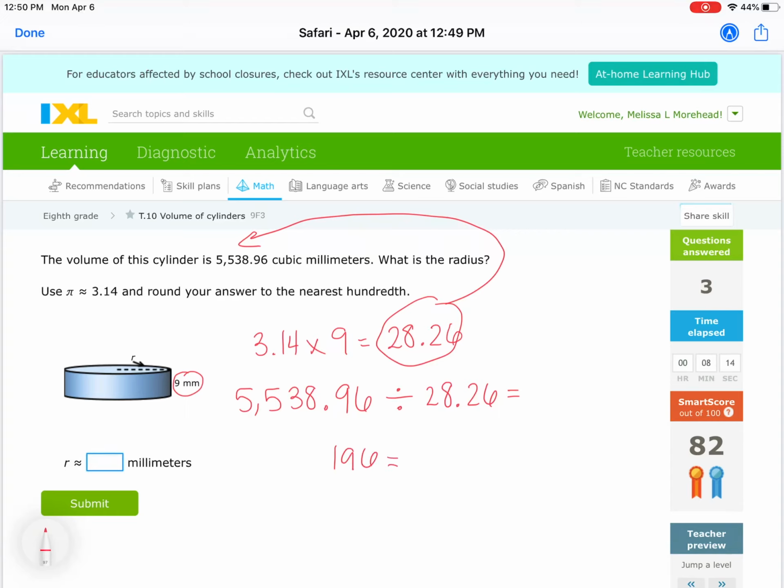But I'm not finished, because that's giving me the number if I were to go all the way across. I need to find out what that number is squared. So in your calculator, or if you already know, then you're just going to type in your 196, and then you're going to find the square root of that, which you should already know because that was one of the ones we did at the beginning of the year. So your final answer should be 14.